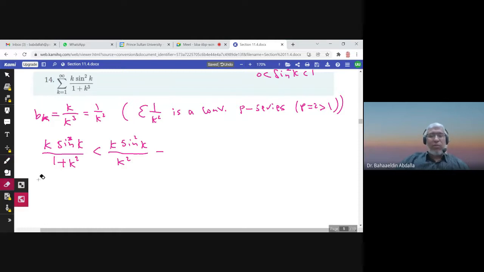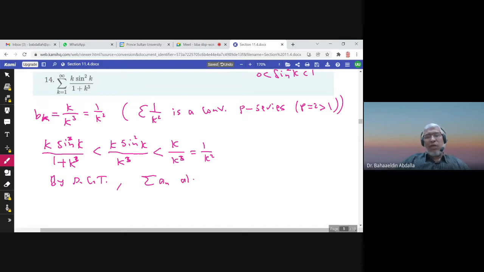And we know that sine squared k is less than 1, so I can write it less than k over k cubed, where this is 1 plus k cubed. And k over k cubed is 1 over k squared. So by the direct comparison test, the summation of a_k also converges.